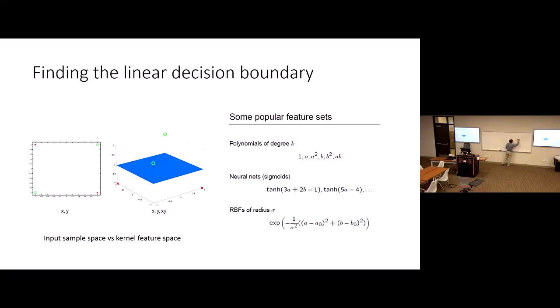Through this function, you move your data to a higher dimensional space in which the green one becomes -1, -1, 1. After transformation, this becomes 1, 1, 1. This becomes -1, -1, 1. And this becomes 1, -1, -1. And this -1, 1.